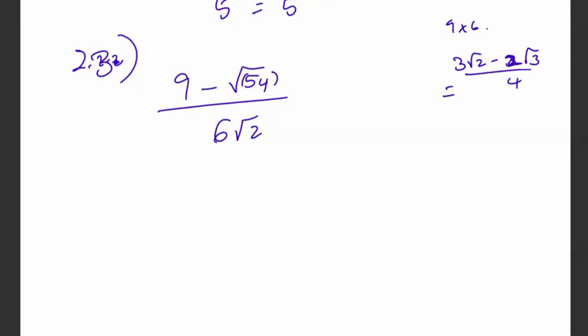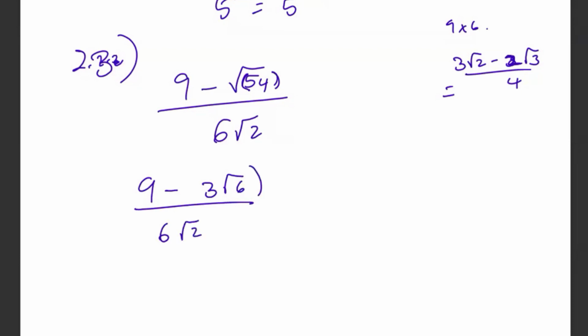Okay, so we're saying we can change this root 54. You can just punch it into your calculator as much as the question said without a calculator, but just punch root 54 alone. Okay, that gives you 3 root 6. So it's gonna be 9 minus 3 root 6 over 6 root 2.